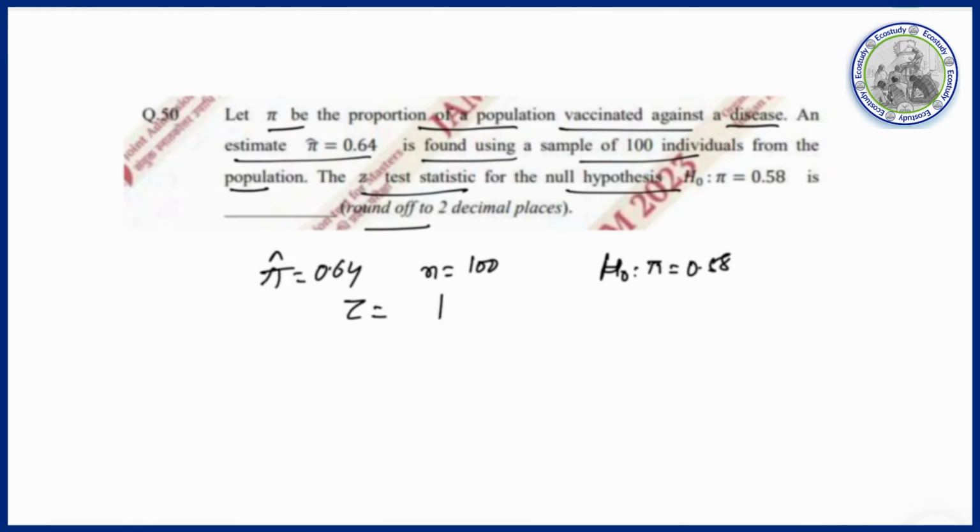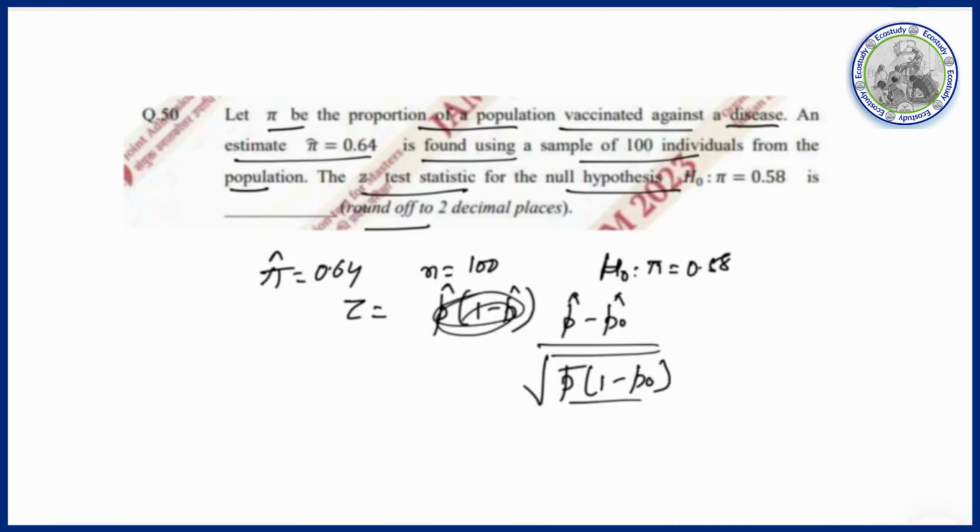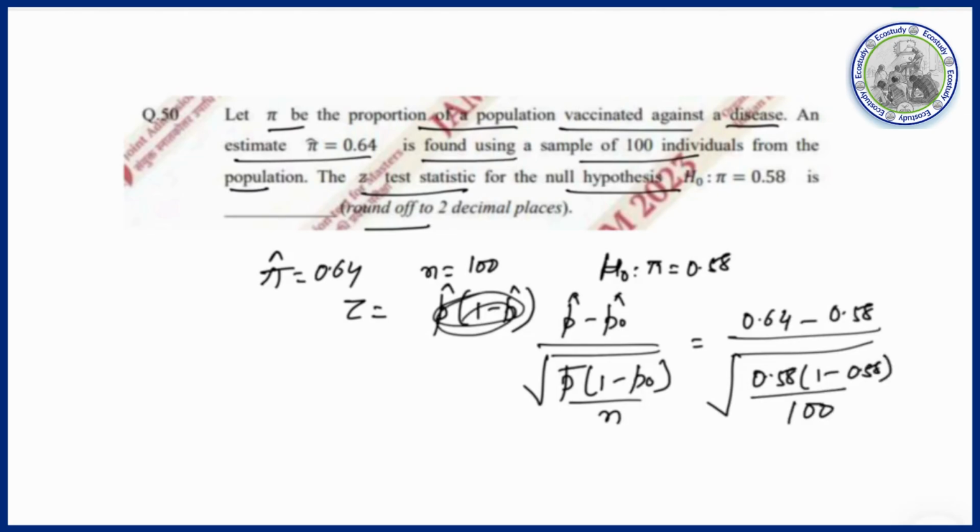What does the test do in statistics? The proportion is p hat. Now, the estimate 0.64 minus 0.58, divided by the square root of 0.58 into 1 minus 0.58 divided by 100.